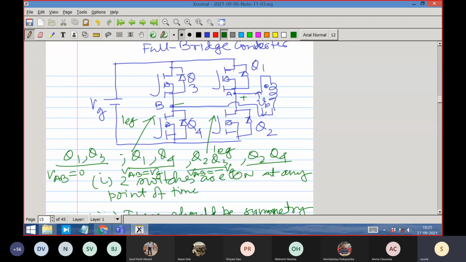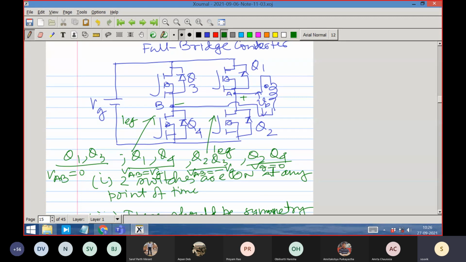So immediately the power level for the same switching current is increasing. That is the advantage. Okay. So what is Q2 Q4 on? Q2 Q4 on is VAB equal to again 0.